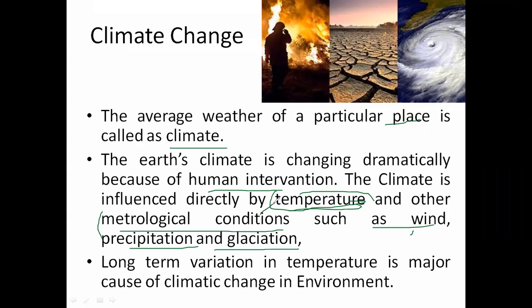The main parameter is temperature. Long-term variation in temperature is a major cause of climate change in the environment. I already gave an introduction about Bangalore. So long-term changes, they're telling. That is the major cause of this climate change. So we move on quickly.